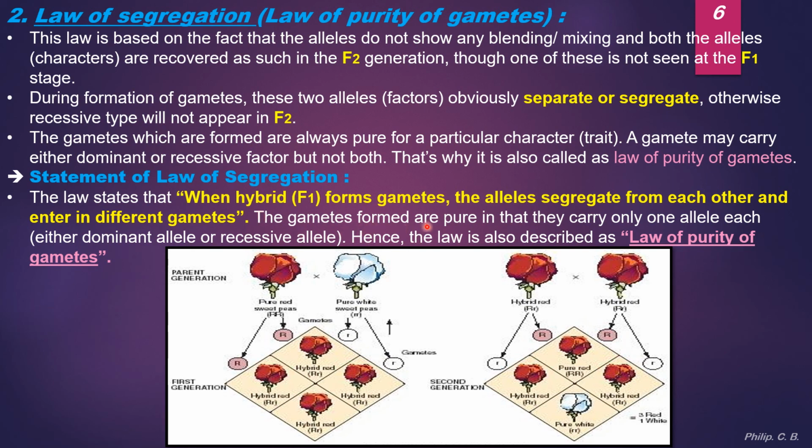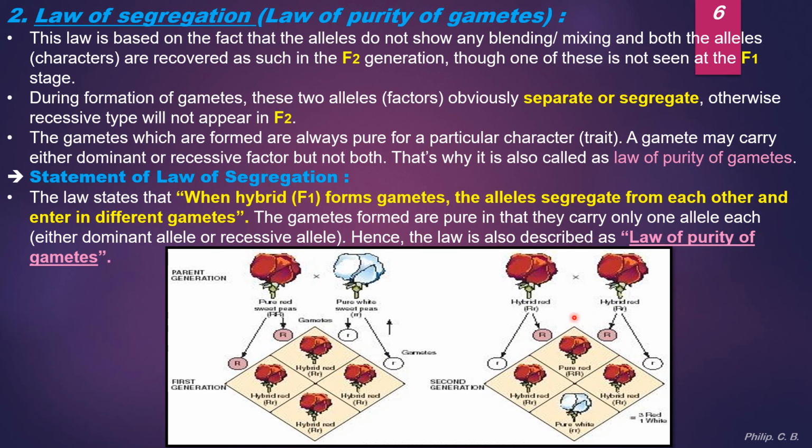Further, the gametes formed are pure in that they carry only one allele each, either the dominant or the recessive allele. Hence the law is also described as the law of purity of gametes. So since what is observed is purely tall or purely dwarf, it is also termed the law of purity of gametes or the law of segregation.